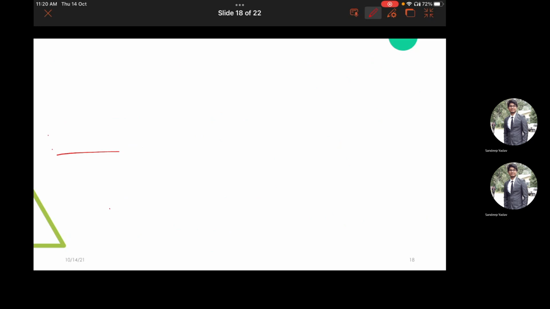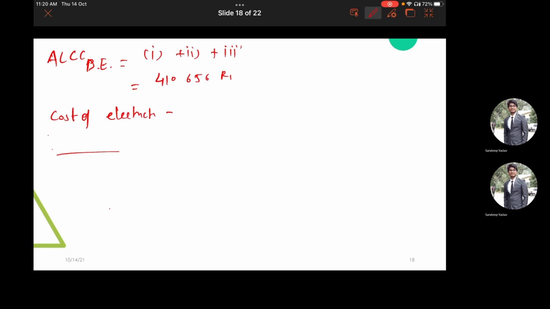that is 55,000. Now let's take ALCC of diesel engine. That will be 1 plus 2 plus 3. That will be 4,10,656 rupees. Now we can calculate the cost of electricity generation. That is total cost upon number of units produced.